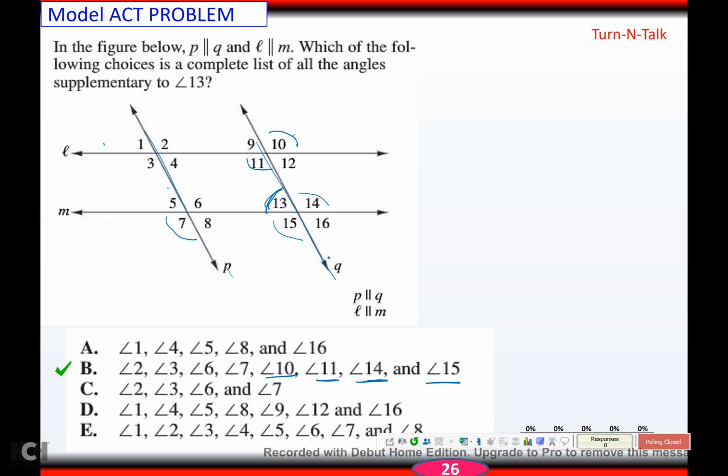Well, 13 and 5 would be equivalent. So since 7 is supplementary to 5 and 5 is equal to 13, then 7 is supplementary to 13 as well. That means 6 is, because it's vertical to 7. And then since 2 is equivalent to 6, 2 is, and since 3 is equivalent to 7, 3 is.